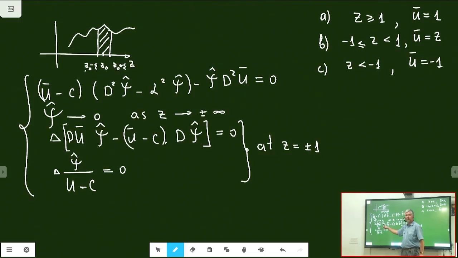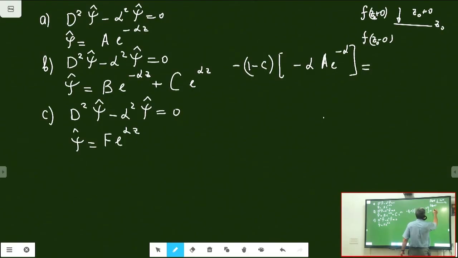And this is 1 multiplied by e to the power alpha z multiplied by b, so this is not 1, this is b, plus c multiplied by e to the power alpha z. Agree? Okay, what else is there?